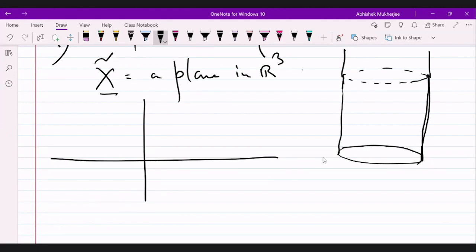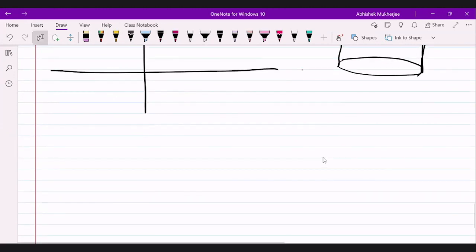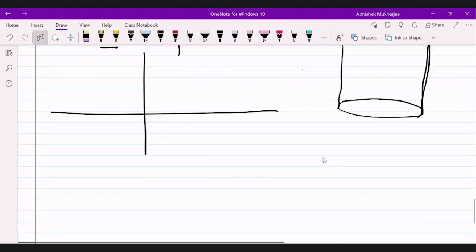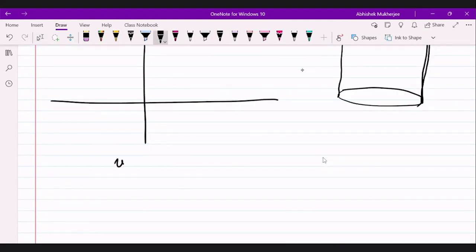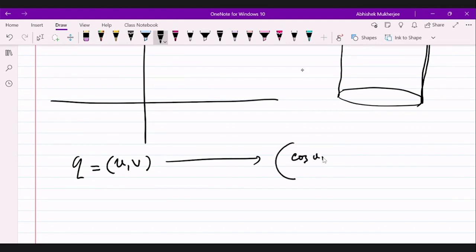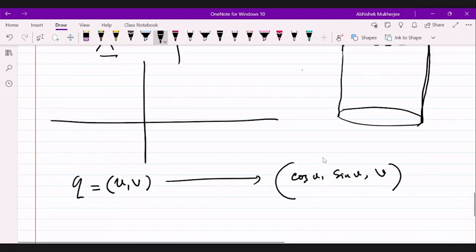So this plane can be equipped with coordinates, let us call them u, v. For any point q equals (u, v), I'm just giving a definition here that this will be mapped to that right circular cylinder by means of (cos u, sin u, v).